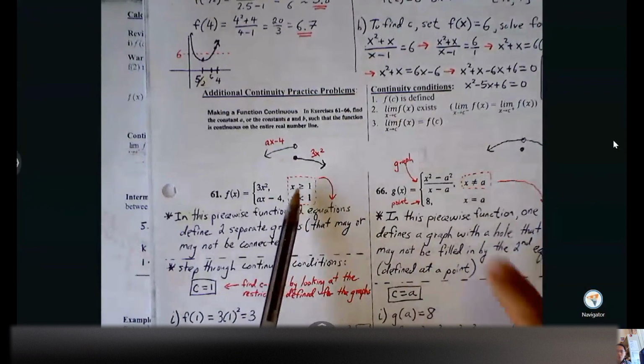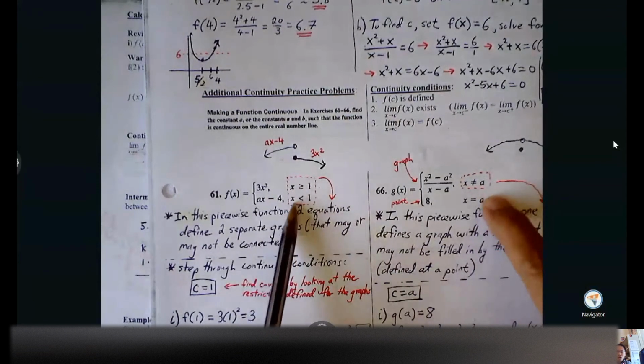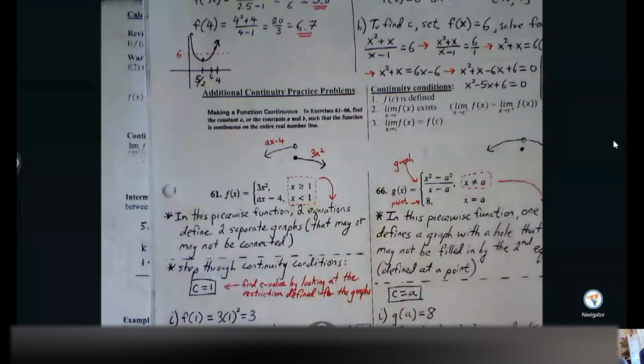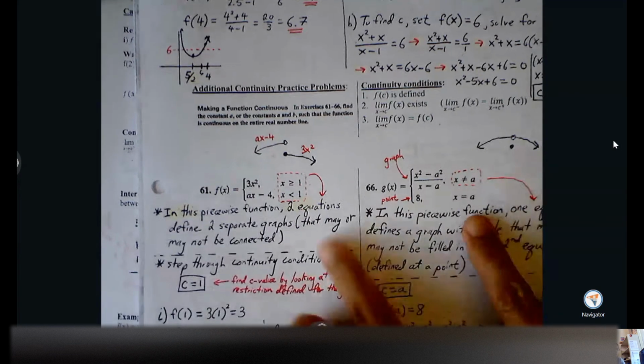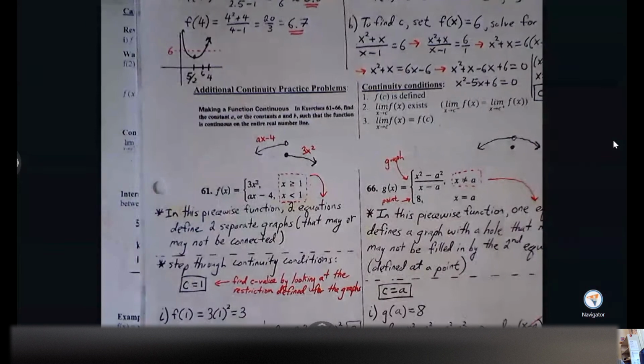So seeing the way that our problem is set up gives us a hint as to what could happen if there's a discontinuity, which condition is going to be the result of this problem, just based off of how the conditions are set up.